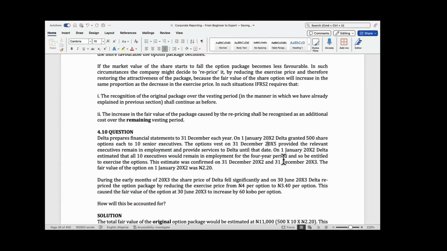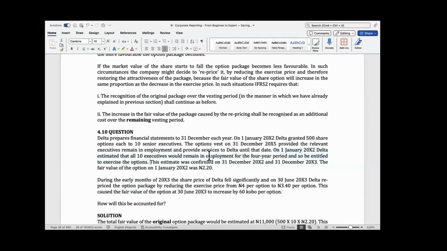Now it said on 1st January 2002, Delta estimated that 10 executives will remain in employment for the 4-year period and so will be entitled to exercise the option. So they are estimating at the beginning of the year. This is not useful to us because I've told you that the estimate of the number of employees that will vest is usually made at the end of each year. So I'm not going to use this paragraph for anything.